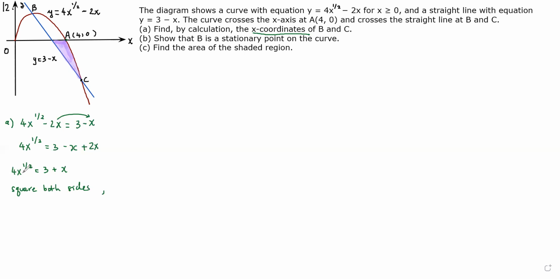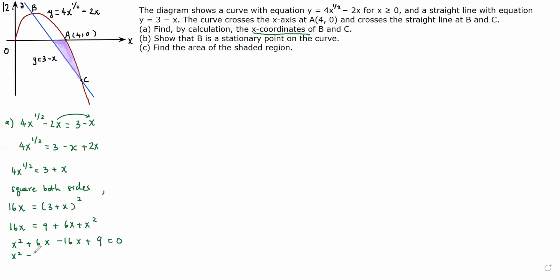When we square the left side, we have 16x. And when we square the right side, we have the square of 3 plus x, so that 16x is 9 plus 6x plus x squared. Rearranging, we have x squared plus 6x minus 16x plus 9 equals 0.